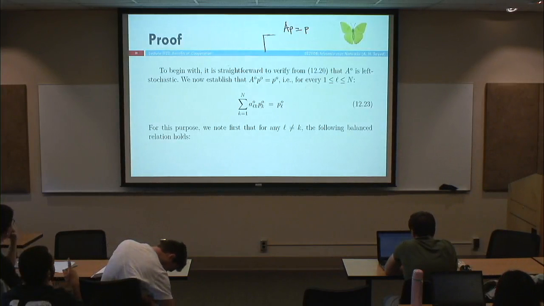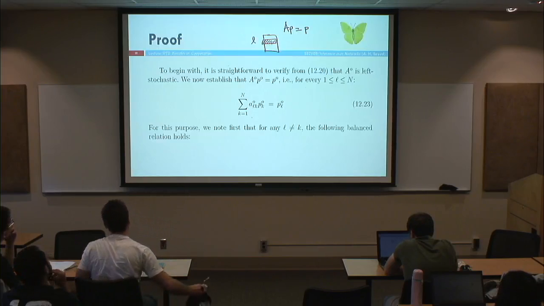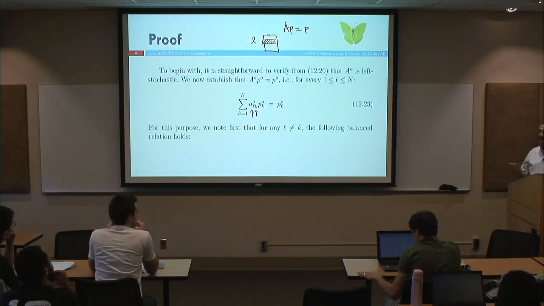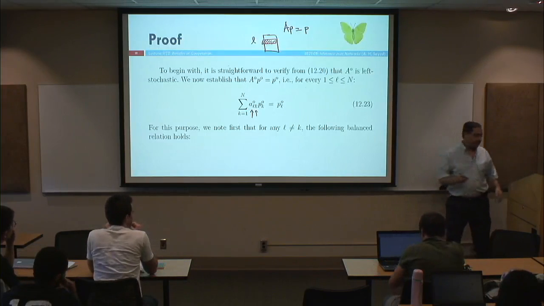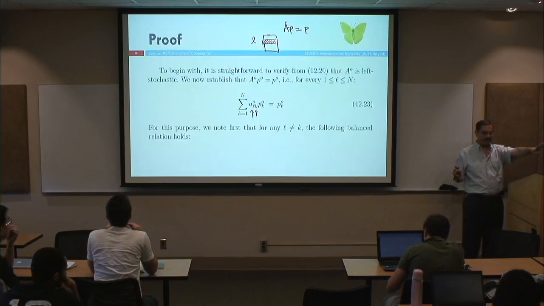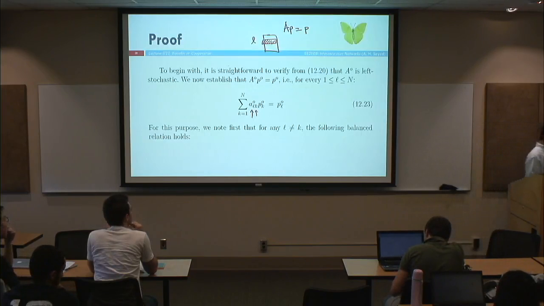So you take a row here, let's say the Lth row, and you change the column index. I want to show that that's p_L. Because checking left stochastic is simple, I'm not doing it. If I show this, then I'm done. I prove the theorem.